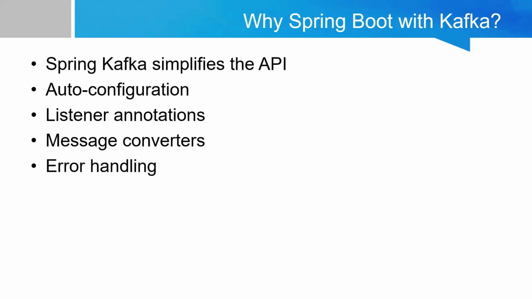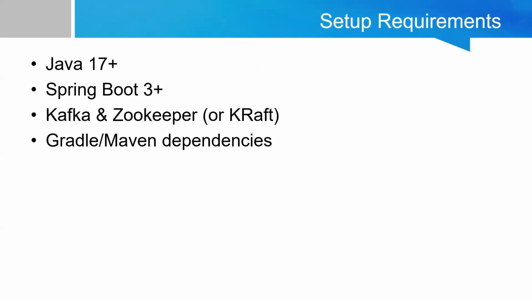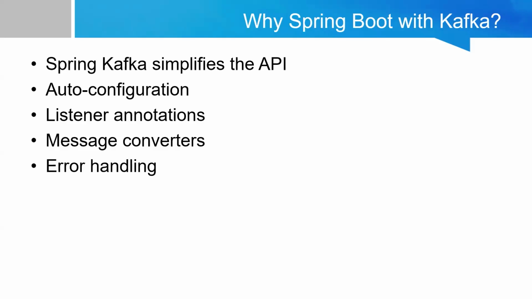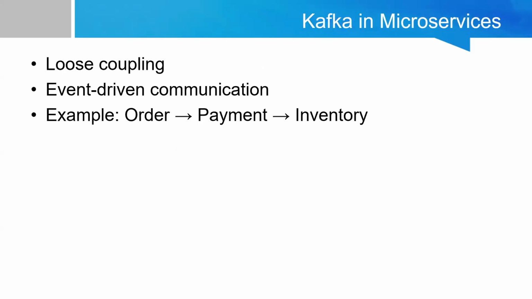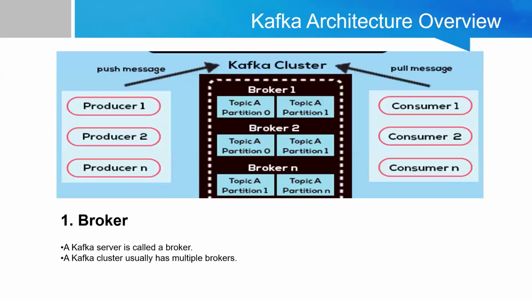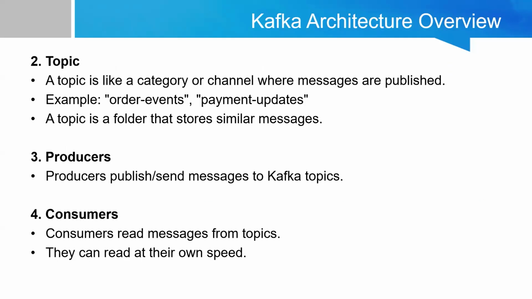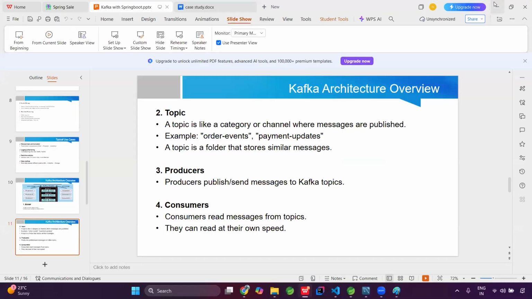We will be using Kafka with Spring Boot, so you will see how you can create the producer and consumer, and I will explain the listener annotation. This is about the theory. Now I will show you messaging broker, producer, consumer and topic creation in real time.